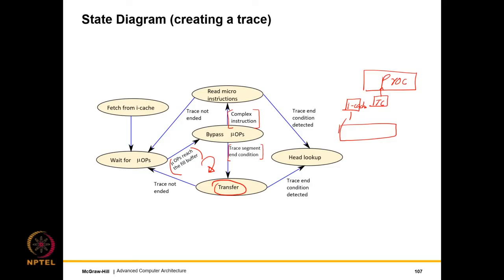Similarly, when we are reading the micro instructions and we encounter a complex instruction, we could see that we have reached a trace end condition. Then again we end the trace and we come to this state where we search for the next head.